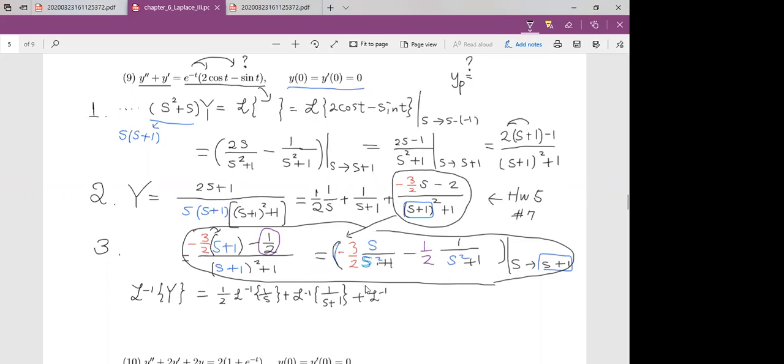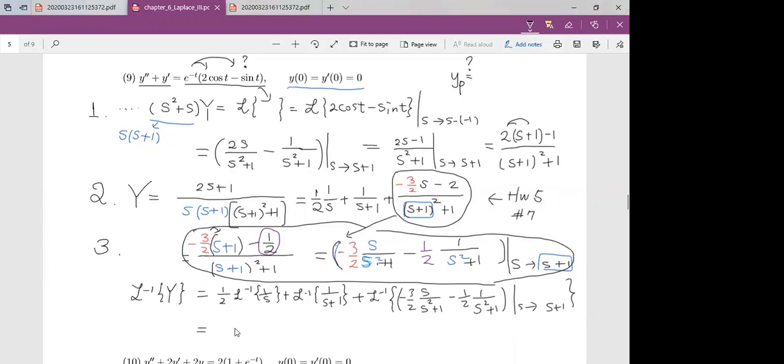Let me write that carefully. The inverse of negative 3 over 2 times s over s squared plus 1, minus half times 1 over s squared plus 1, with the replacement of s by s plus 1.